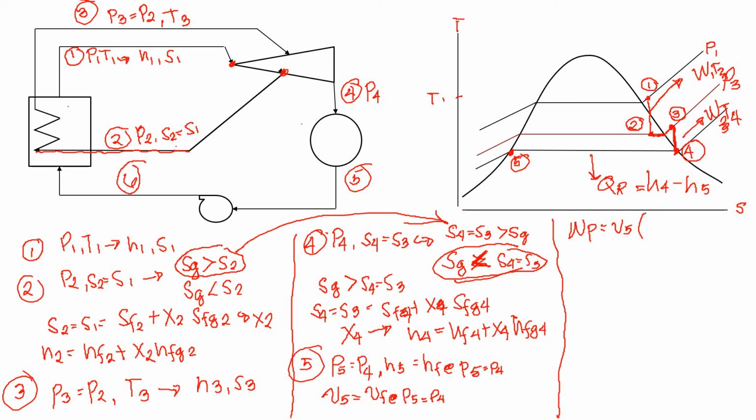And we all know that pressure 6 is just equal to pressure 1, since we're talking about the boiler, it is an isobaric process. So pressure 6, which is equal to pressure 1, minus pressure 5, which is also just equal to pressure 4.